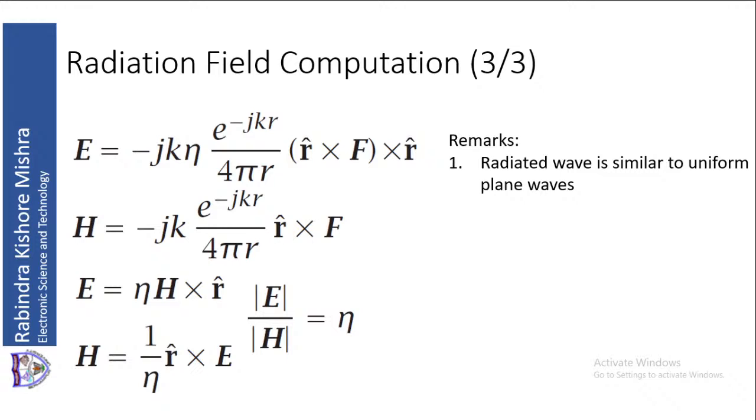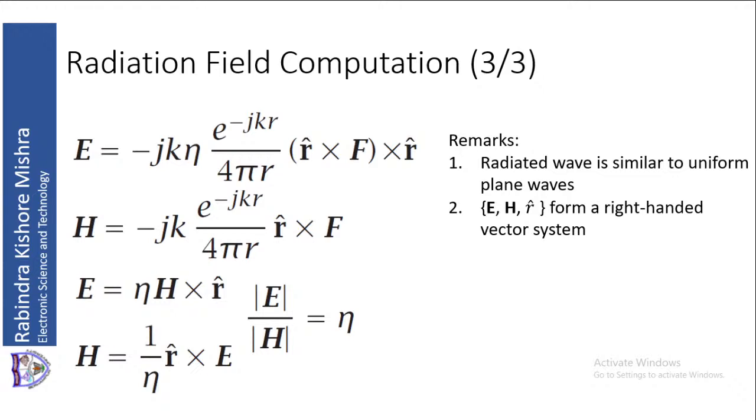The observation is the radiated wave is similar to a uniform plane wave. Why is it similar to a uniform plane wave? If you look at this, the ratio of the amplitude of E and H of a uniform plane wave is eta. In this case also, for the radiated wave, the ratio of E and H is eta. Therefore, the radiated wave is similar to a uniform plane wave.